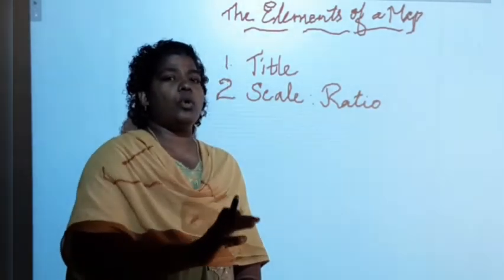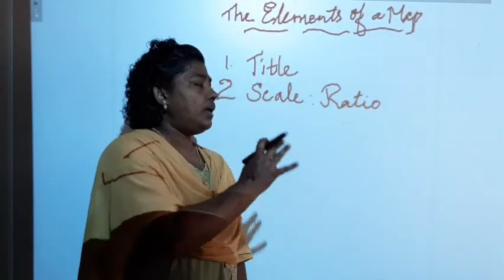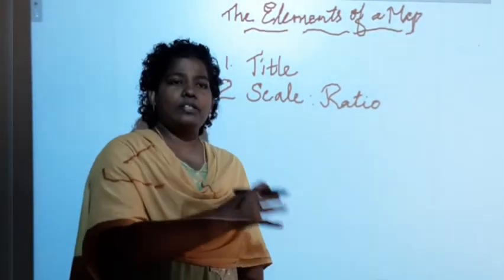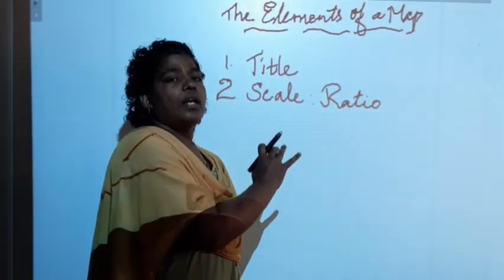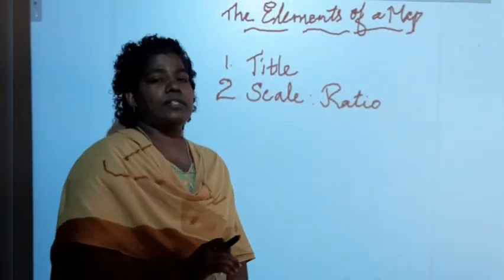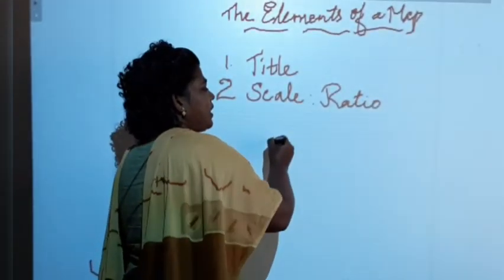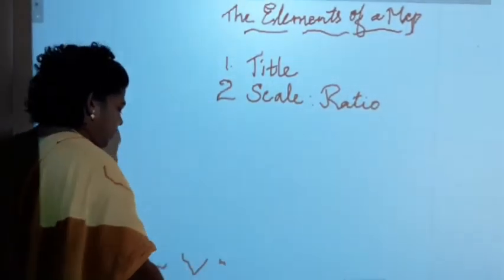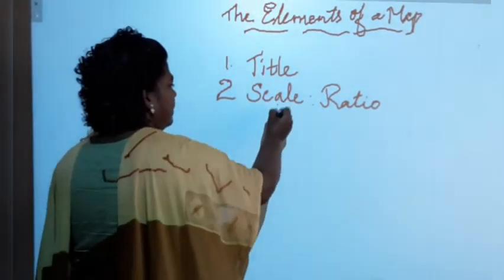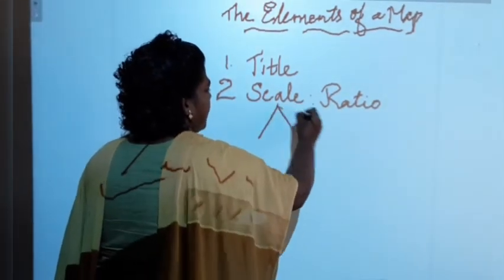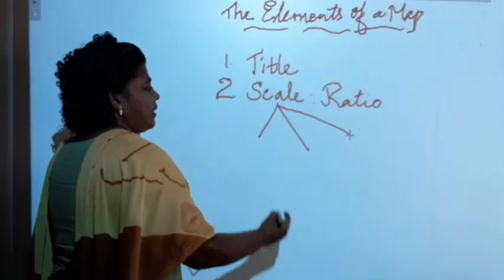We cannot show the actual distance on the map, so that should be shown in a ratio pattern, ratio wise. When we say scale, there are 3 types of scales. How many types of scales? 3 types of scales. What are the 3 types?